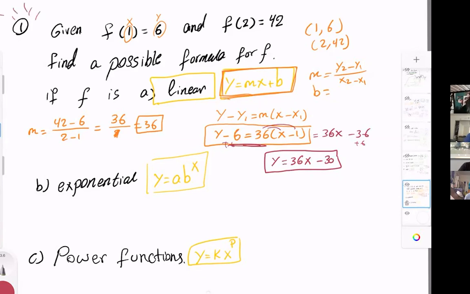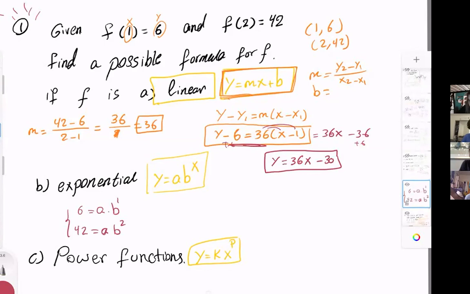For the exponential, again, we have to solve for a and b. We're going to say 6 equal to a times b to the power of 1, and 42 equal to a times b to the power of 2.